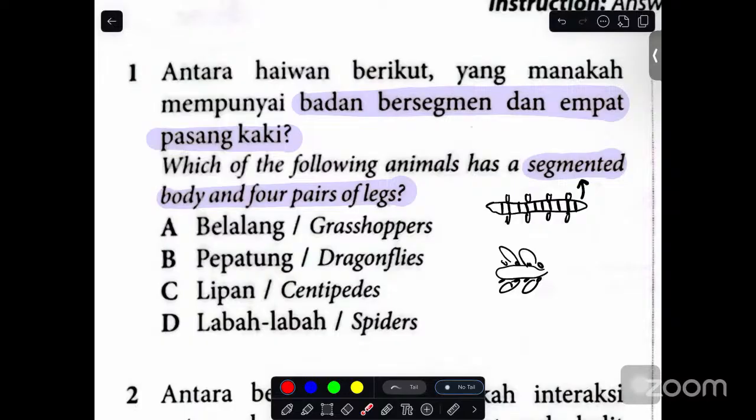Belalang is 3 pasang kaki, that means 6.